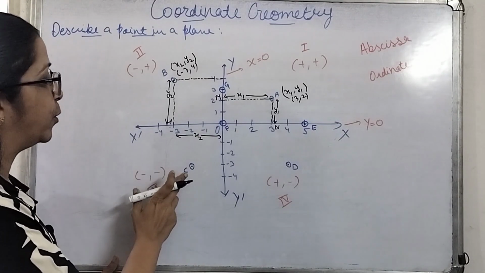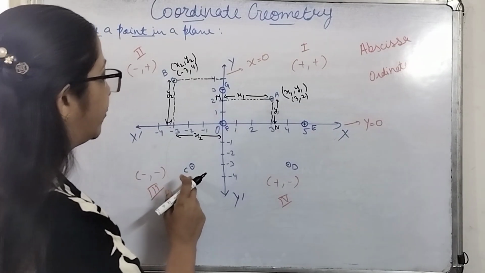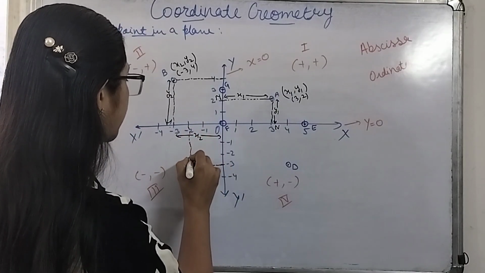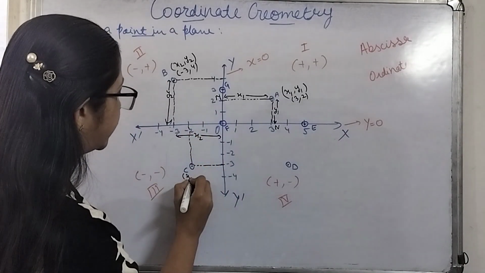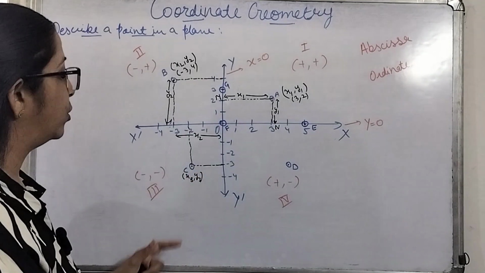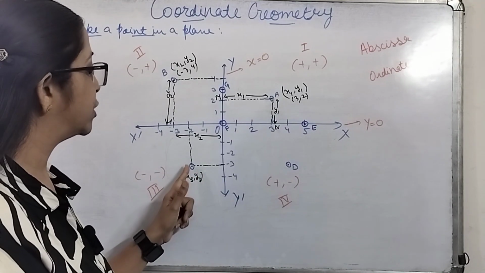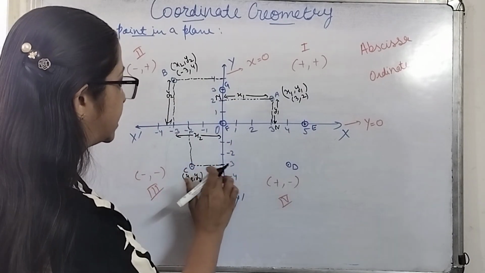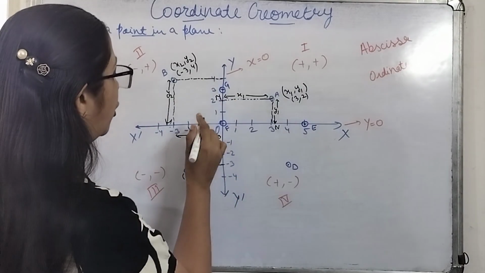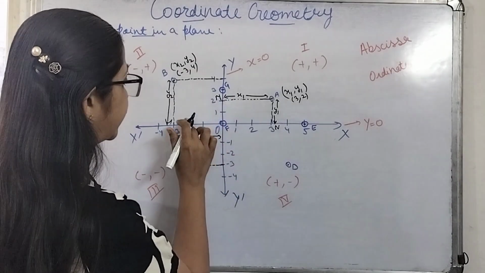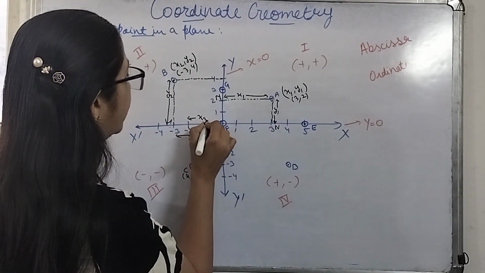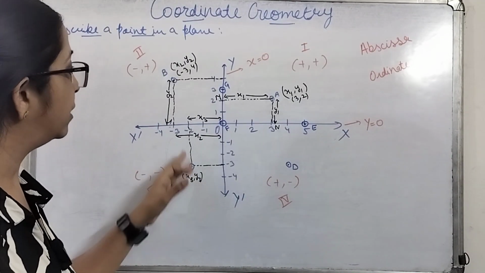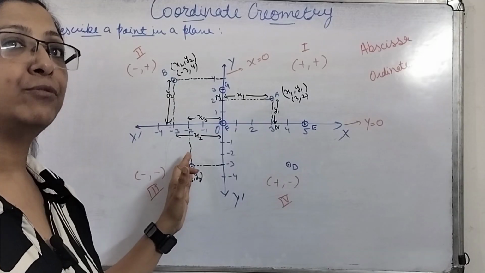If we look at the point C over here, first of all we will draw the perpendiculars on both the axes. We have drawn this perpendicular. Say its coordinate is (x3, y3). So x3 will be the perpendicular distance of the point from the y-axis. That means this distance is your x3, equivalent to this on the x-axis. And the perpendicular distance of this point from the x-axis will give you its y coordinate.